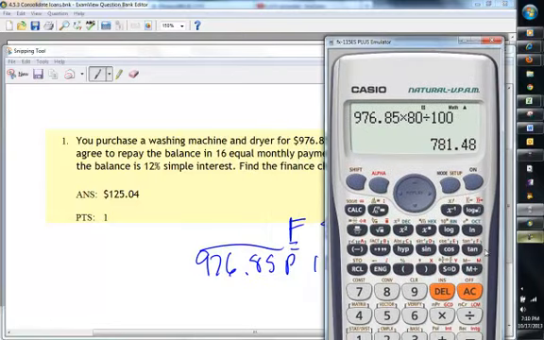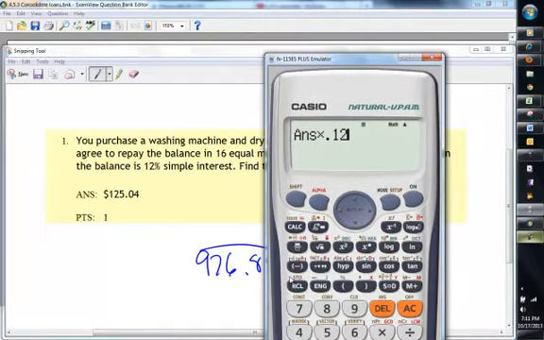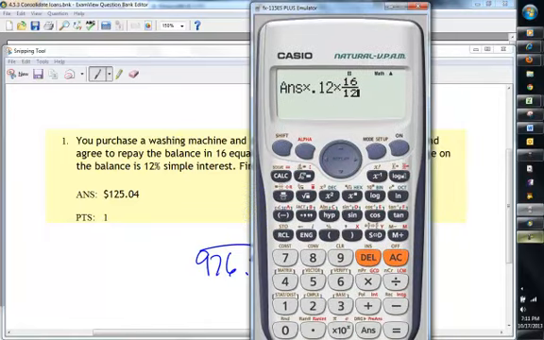That amount financed, the principal, is going to be multiplied by the interest rate, 12%, and the number of months. 0.12 times the fraction 16/12, because it's 16 months out of 12ths of a year, which would be $125.04 is the finance charge.